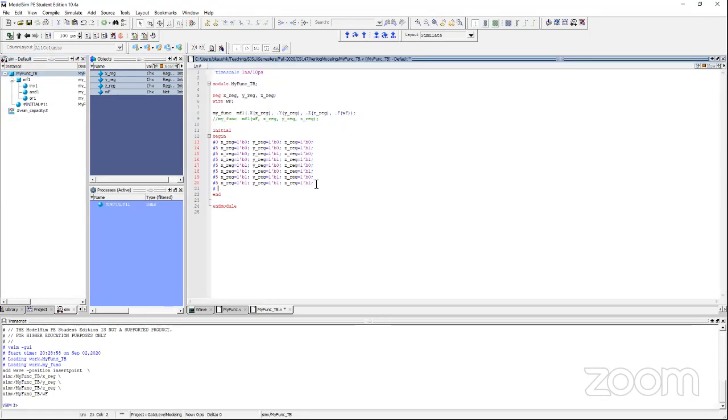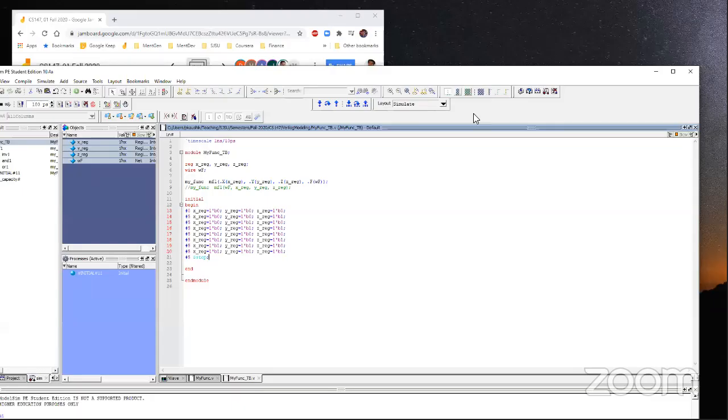Okay. $stop. So this means at that point, the simulation will stop. Let's recompile it. Where is my compile all?